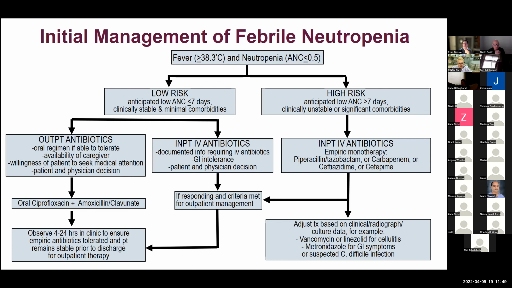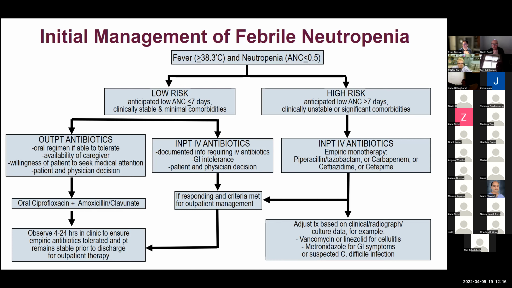And so they've stratified it into low risk and high risk patients. So patients who are on chemotherapy drugs that likely are only going to cause a neutropenia lasting 7 days or less, who are clinically stable and have minimal comorbidities, can potentially be treated as outpatients. Those patients have to be able to take an oral antibiotic.